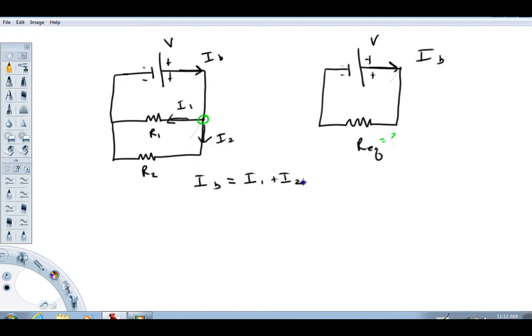Now, of course, there's no resistance in sight here, is there? Well, remember Ohm's law. We know from Ohm's law that V, voltage, is equal to current times resistance. So current can be expressed as voltage over resistance. I'm going to talk a little bit about I1 and I2, using the picture on the left.